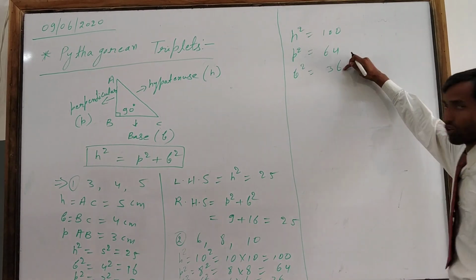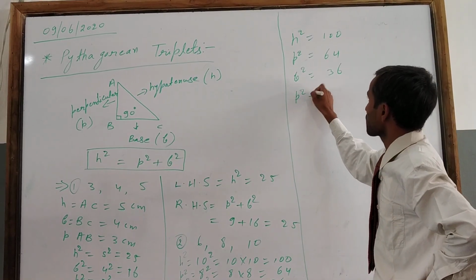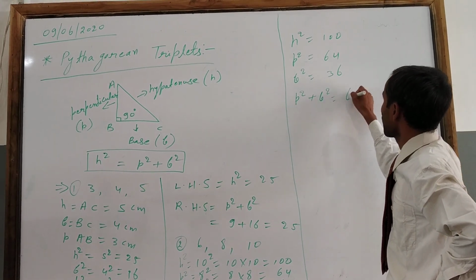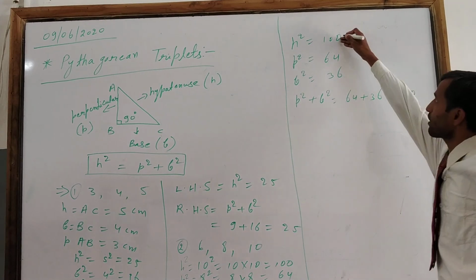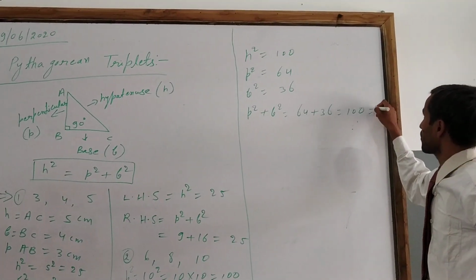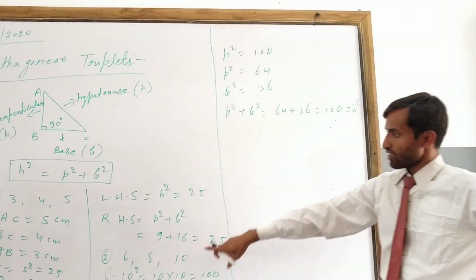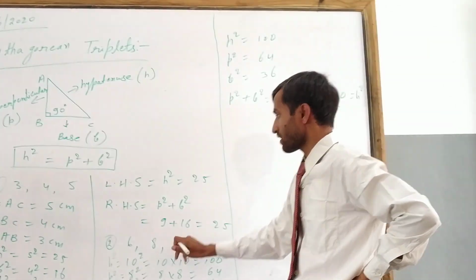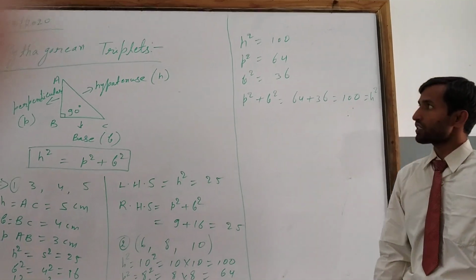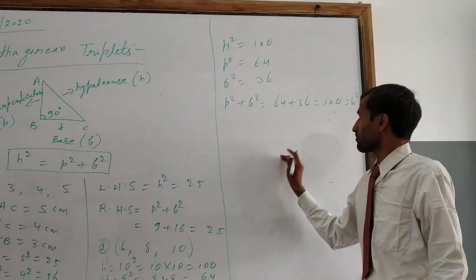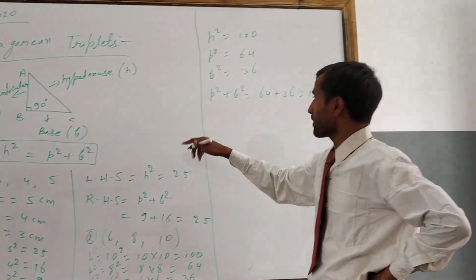Now add the smaller numbers, P square plus B square. 64 plus 36 comes to 100, which is equal to H square. Both are equal, so we can say this one is also a Pythagorean triplet. This type of triplet is called a Pythagorean triplet. There is one format for the Pythagorean triplet.